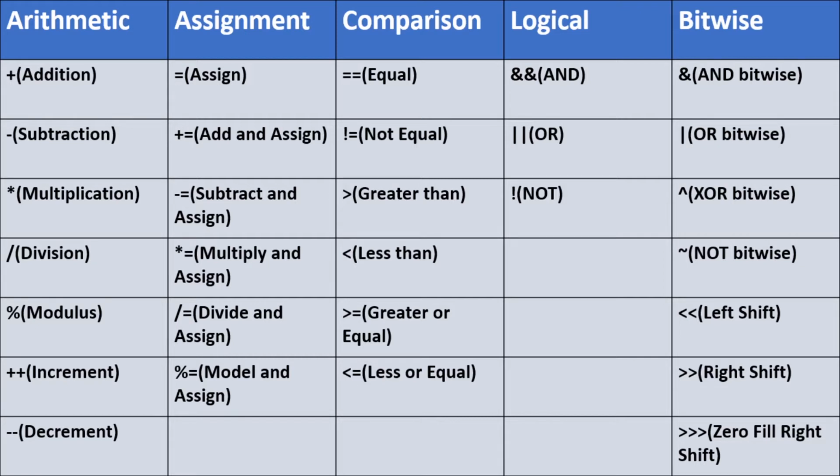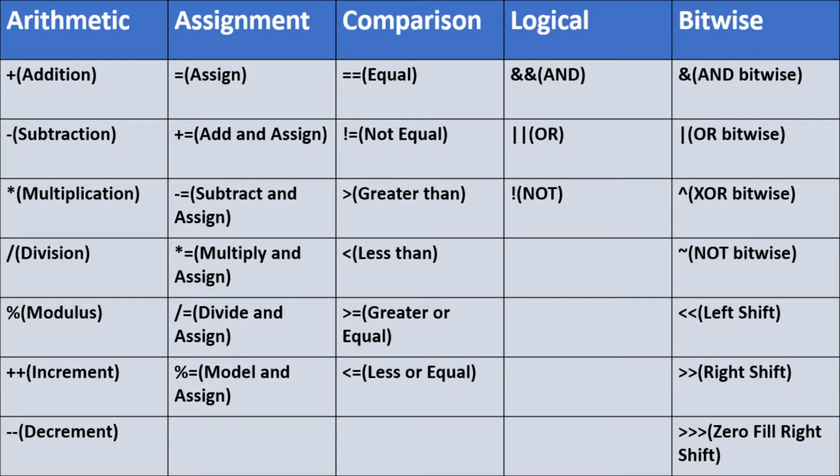In arithmetic operators, we have a plus sign first of all, that is used to add two numbers. Then we have a minus sign that is used to subtract between two numbers. Then we have a multiply or asterisk symbol that is used to multiply two numbers. Then we have a slash that is used to divide between the two numbers. Then we have a percentage sign that is used to get the remainder of two divided numbers.